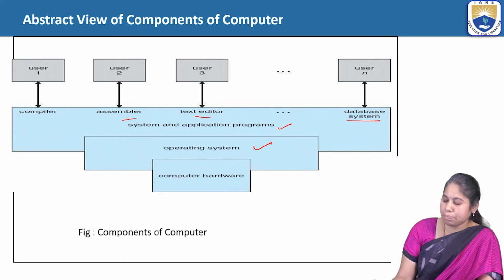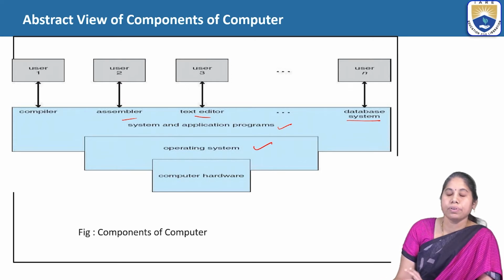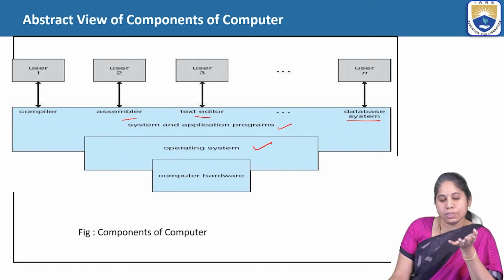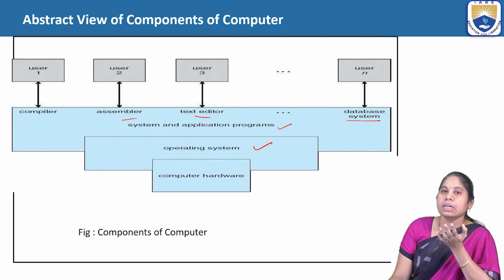This is the abstract view of the computer: the hardware, the proper machine, and inside it the operating system, and inside that we have two kinds of programs, system and application programs. Different users communicate with the operating system to make use of the computer in an efficient manner.